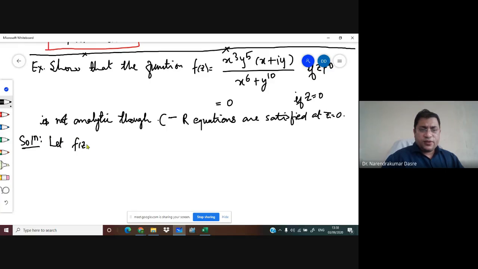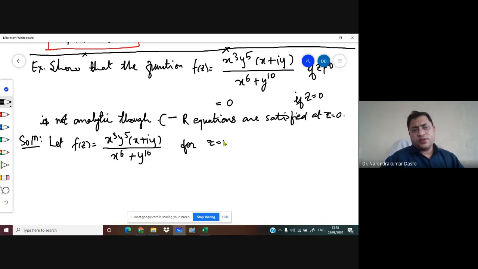So what we'll be having: f of z is equal to x cube y raised to 5 into x plus iy upon x raised to 6 plus y raised to 10 for z not equal to 0, and this is equal to 0 for z is equal to 0.